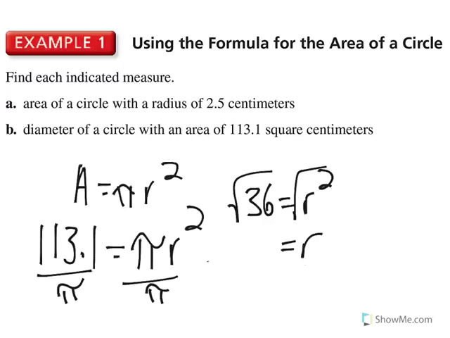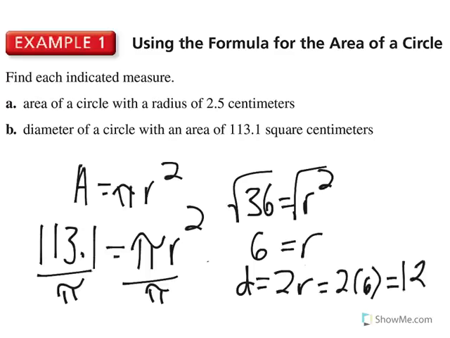And so r is going to be equal to 6. But again, they asked us for the diameter. Remember, the radius is half the diameter, so I would just multiply this by 2. Or diameter is 2 times the radius. So 2 times 6 gives us 12. So this would be 12 centimeters.